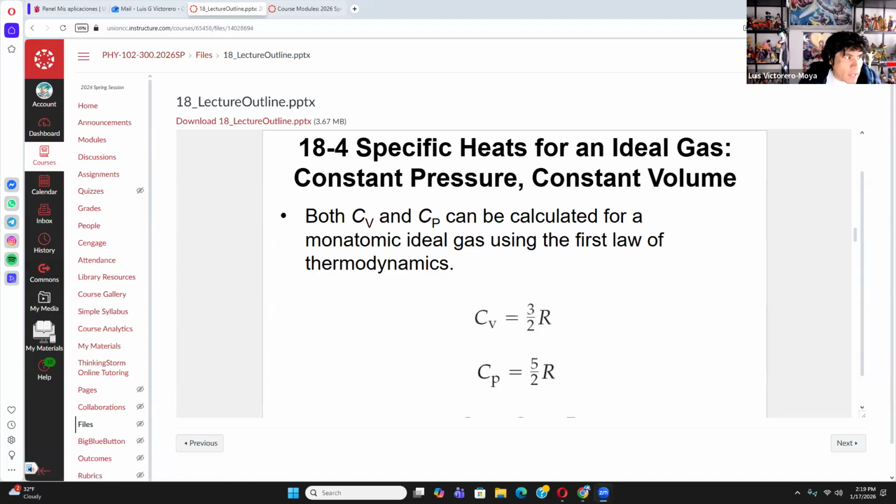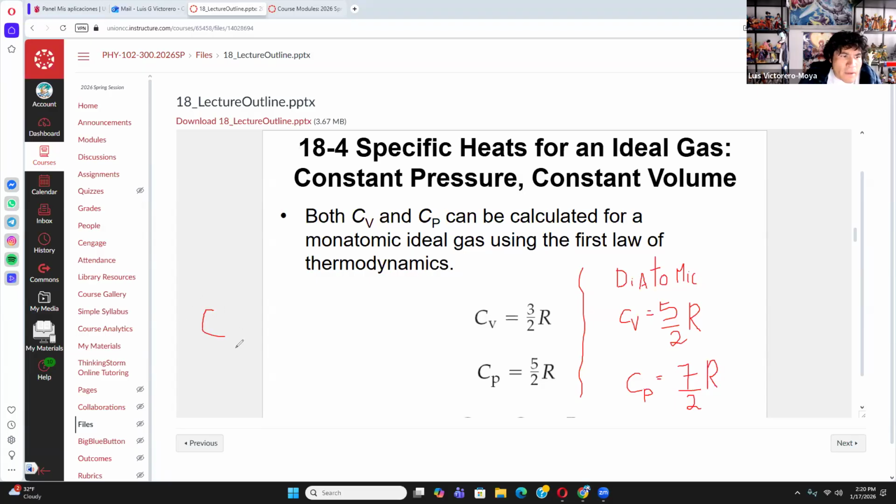I want to write here for a diatomic. For example, oxygen, O2, is a diatomic ideal gas. For diatomic, Cv is 5/2 of R, and Cp is 7/2 of R. How do I know that?